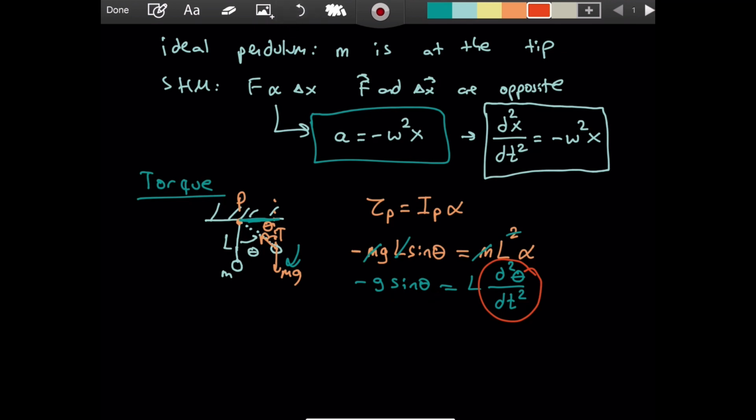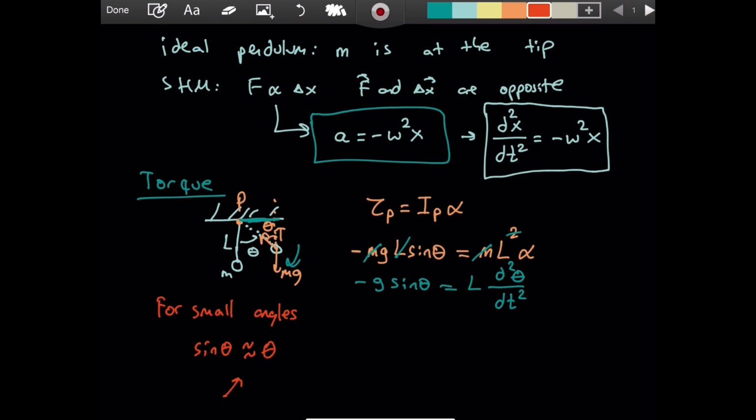And in fact, you can say for small angles, sine of theta is approximately equal to theta. This is called the small angle approximation, and you can check that this holds by using your calculator and making sure that you are using it on radian mode, not degrees, okay?